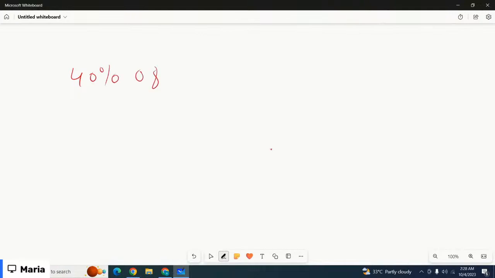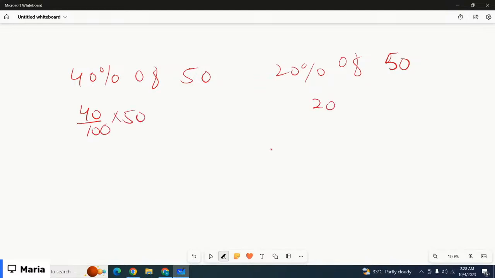40% of 50 and 20% of 50. Let's just calculate 40%. 40 over 100 times 50, right? Then 20 over 100 times 50. So 40 over 100 times 50 is 20, right?